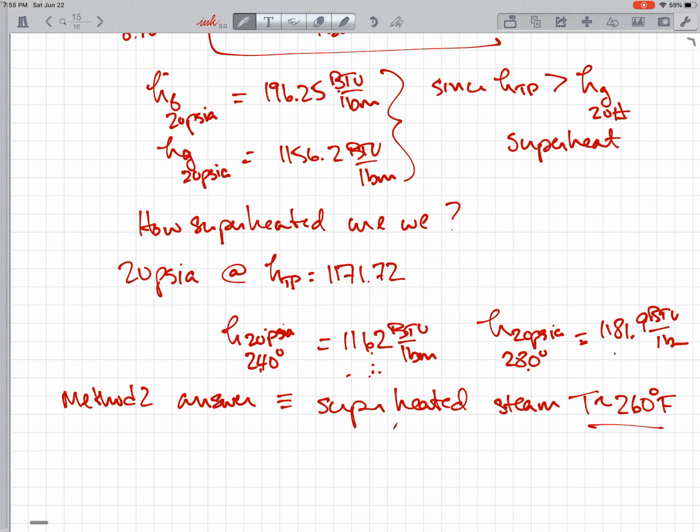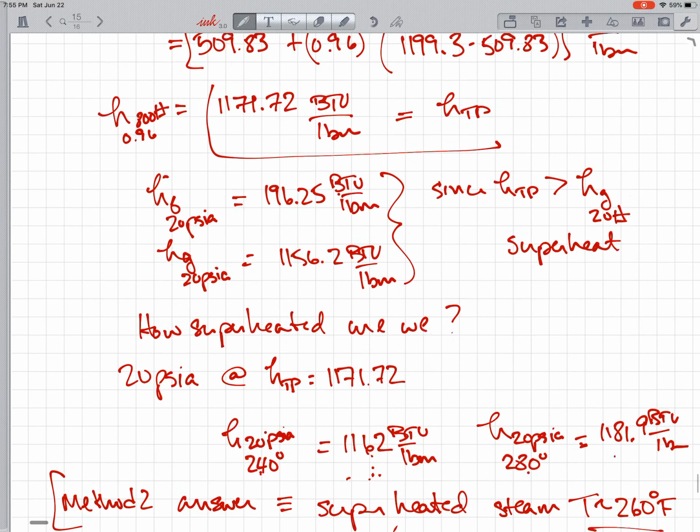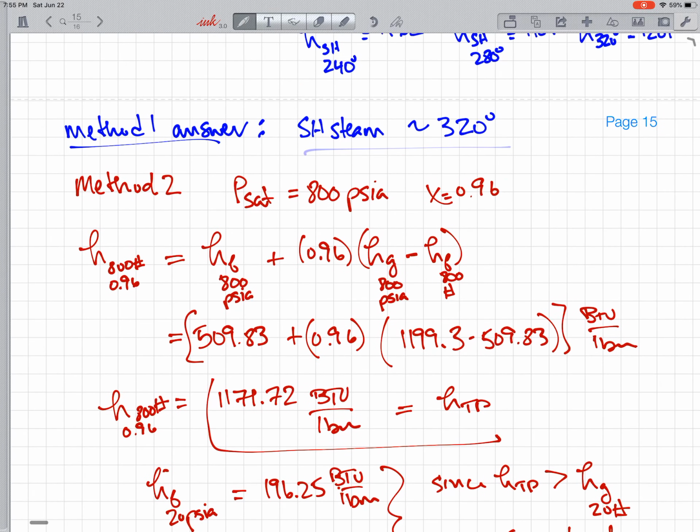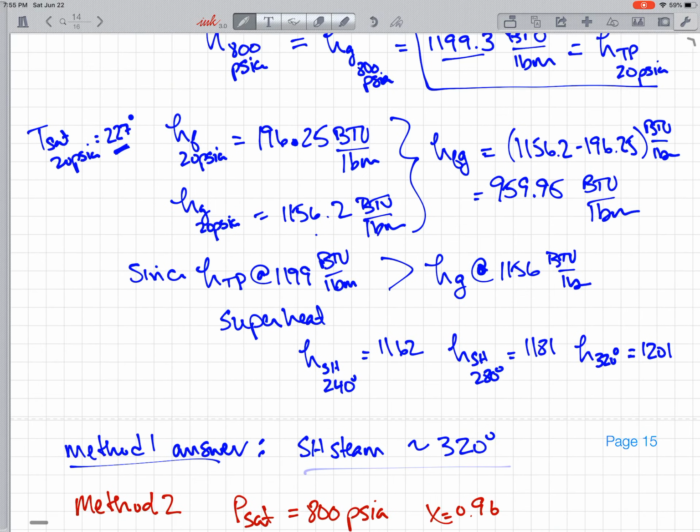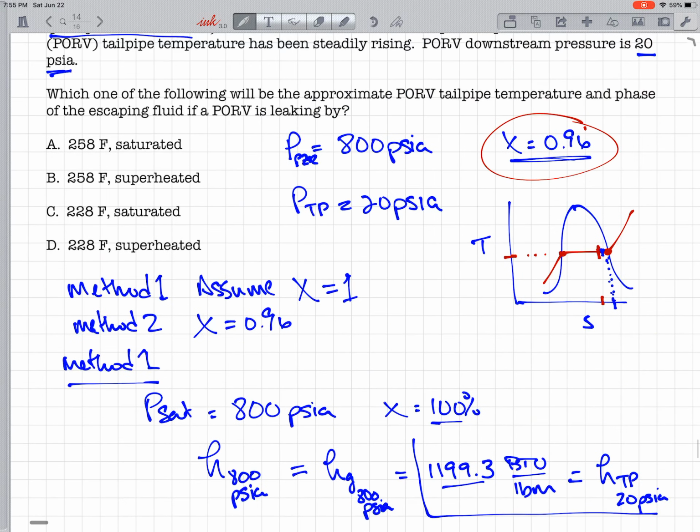Now, which answer is good? So I got one answer of superheated steam about 320 and one answer superheated steam about 260. What are our choices? 228, 228, 258, and 258. Well, that should be a dead giveaway right there.